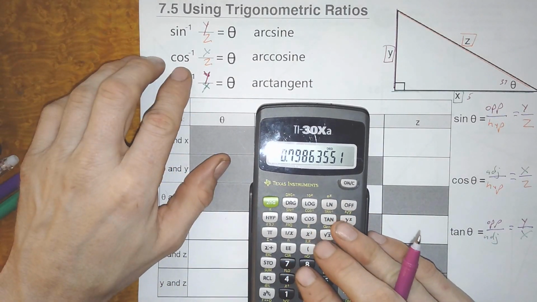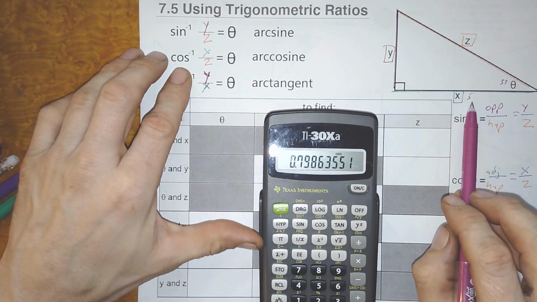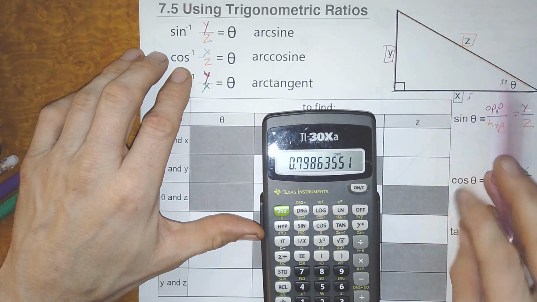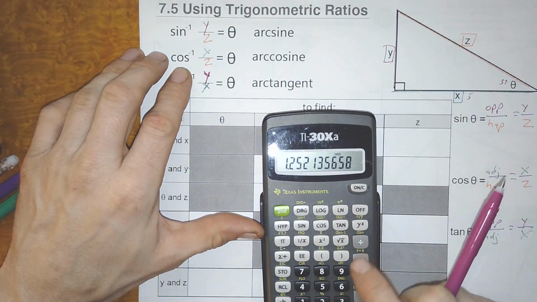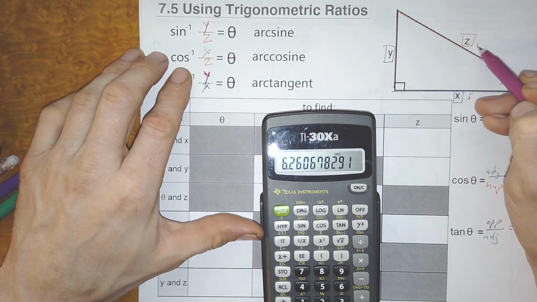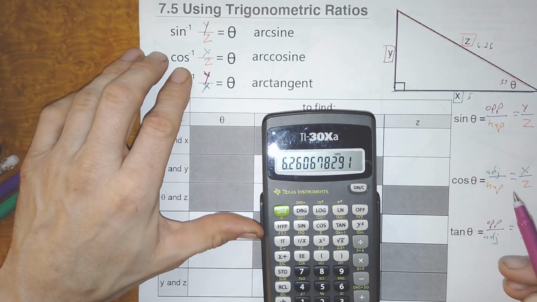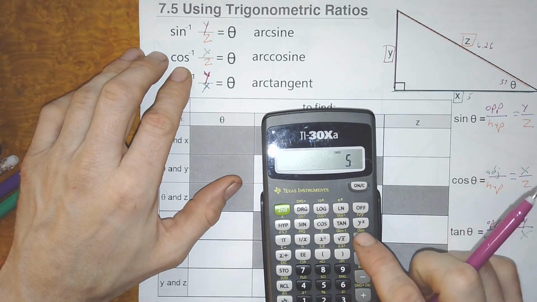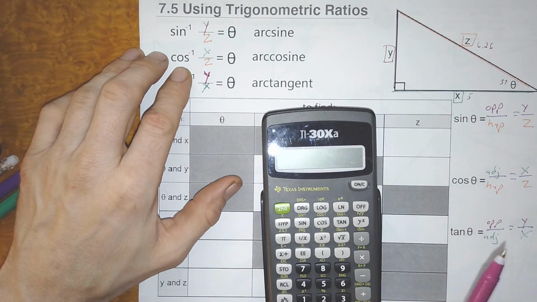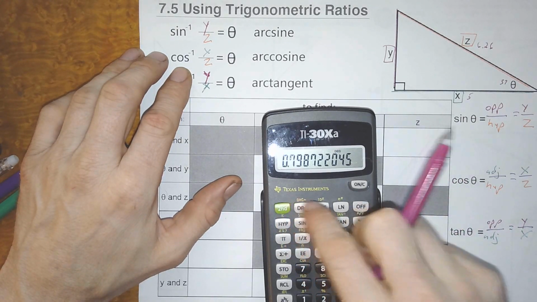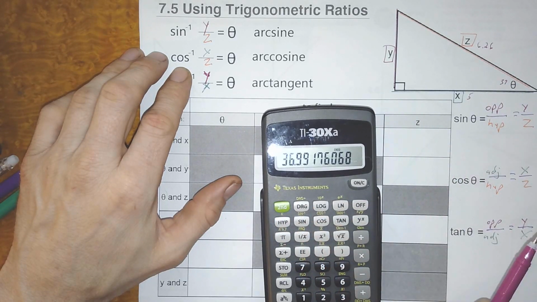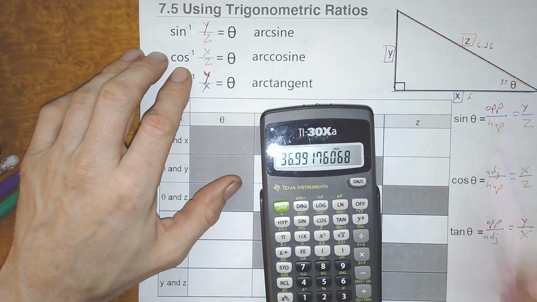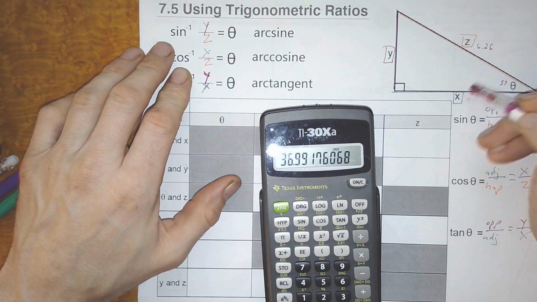Then you know that since we're using cosine of theta, the hypotenuse has to be longer. So I'm going to invert that to make it longer and multiply by 5. This would be 6.26. If I were to redo that, 5 divided by 6.26 equals that, now I would take the inverse cosine of that, and that would be 36 degrees. There's a little bit of rounding error there. So you can see how that whole thing works.